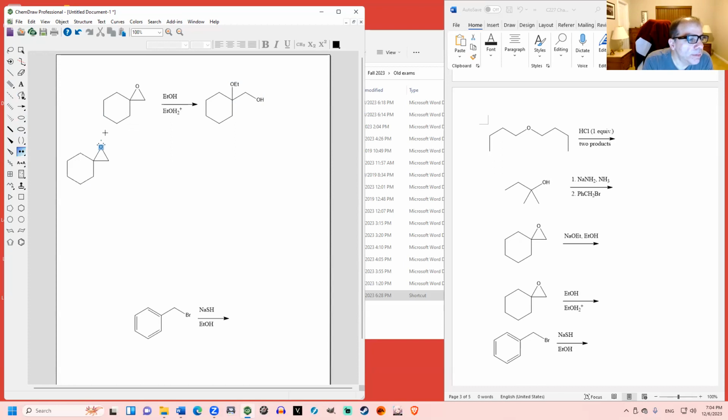Since we're in an acidic medium, we need to start by protonating the epoxide oxygen. And by the way, what I just drew is EtOH2+. That's the same thing. I just drew out the structure so you could see where the proton was.